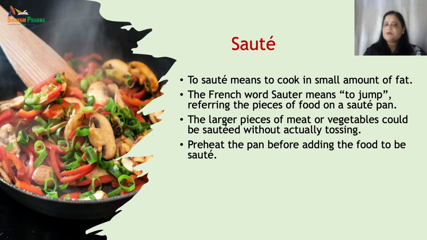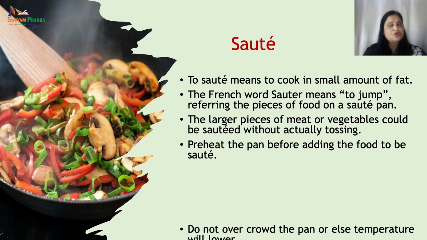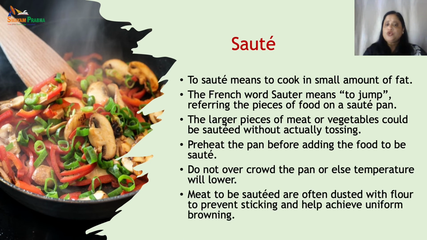Preheat the pan before adding the food to be sautéed. Do not overcrowd the pan or else the temperature will lower. Meat to be sautéed is often dusted with flour to prevent sticking and help achieve uniform browning.